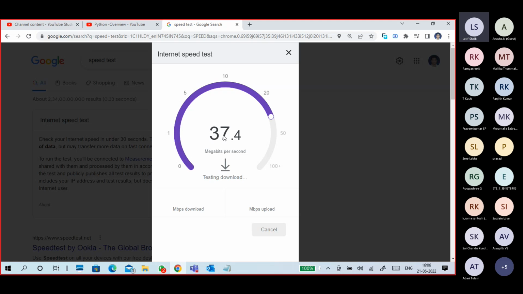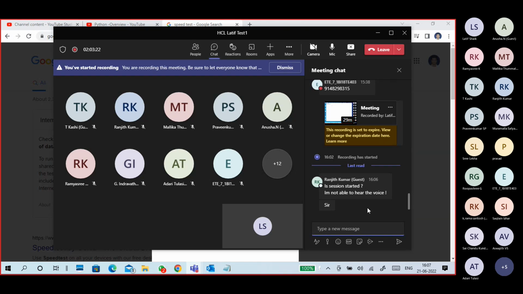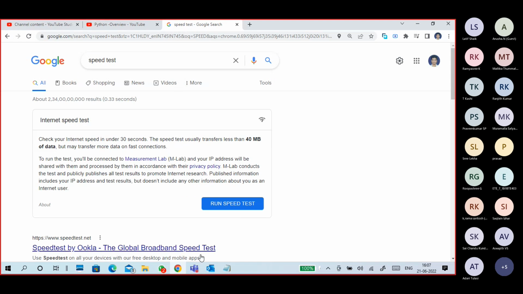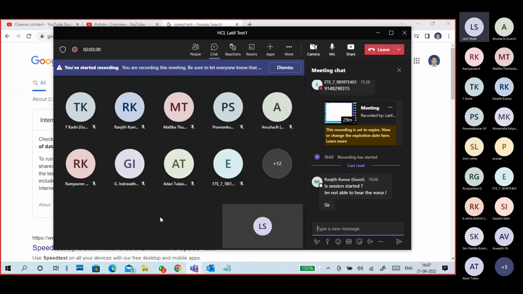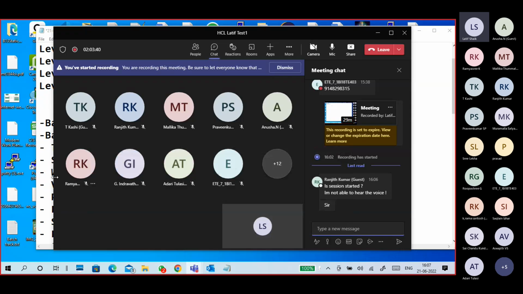My network connectivity is good. Ranjit, my audio is good. Okay. Mute, unmute, speaker off, on, and the problem will be solved. Okay. Yeah.